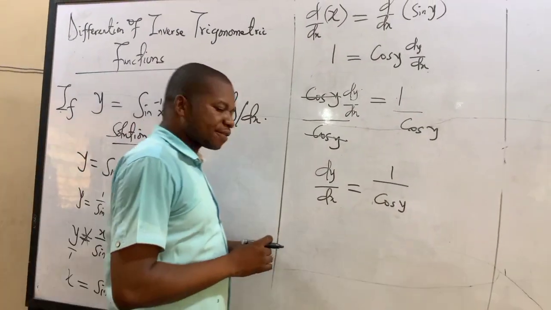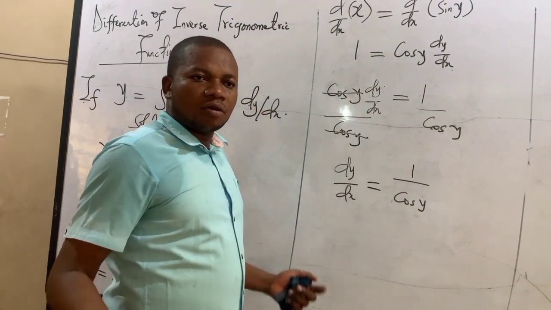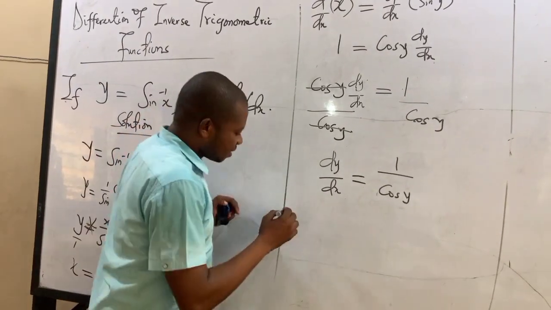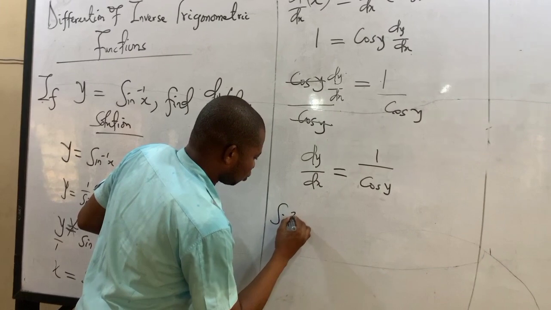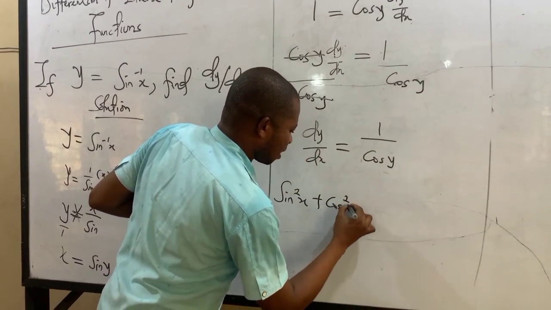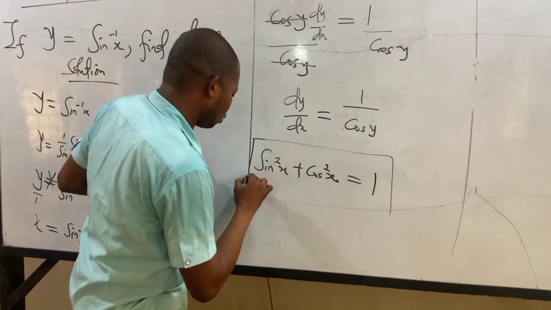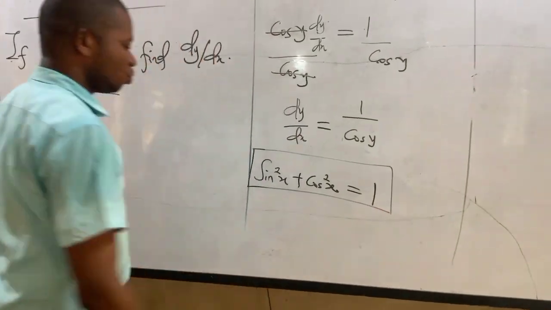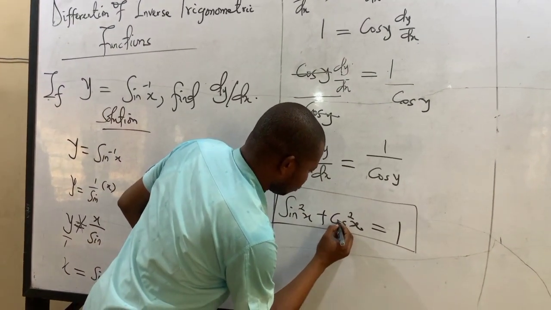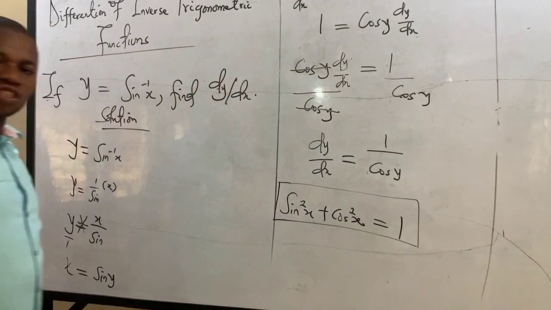Now, having gotten to this point, we are dealing with trigonometry. You must know there's a popular law in trig that comes from Pythagoras theorem. It says that sine square x plus cos square x is equal to 1. This is an established rule, a fundamental rule in trigonometry which every math student must know.